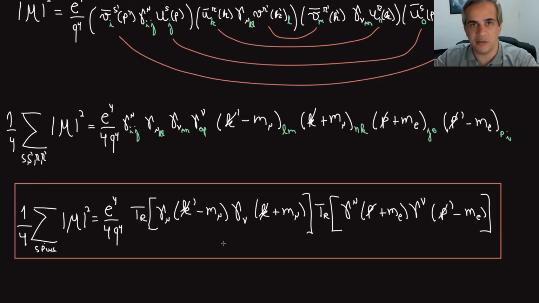Remember, I'll have to integrate over these momenta that are inside those traces, right? So what we're missing here is a whole technology that we know on how to calculate the traces of Dirac matrices, right? And so we'll stop this calculation for a second to develop this technology.